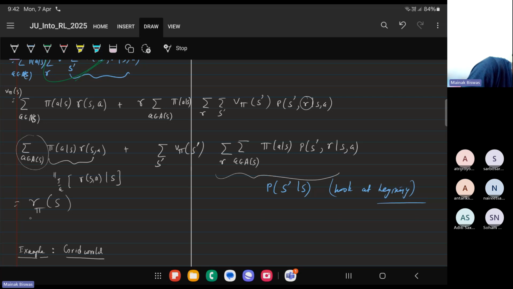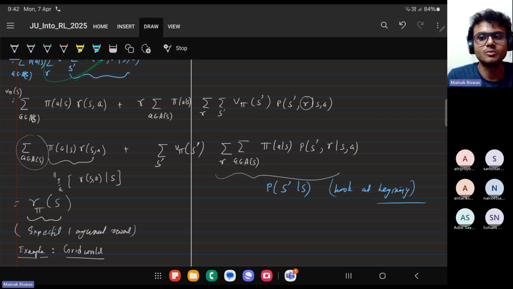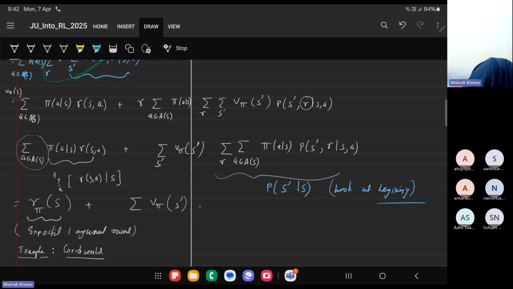This is the expected one-argument reward. There is no action term over here. And the second term, do you agree, is v pi of s prime times the probability of s prime given s, over all s prime.